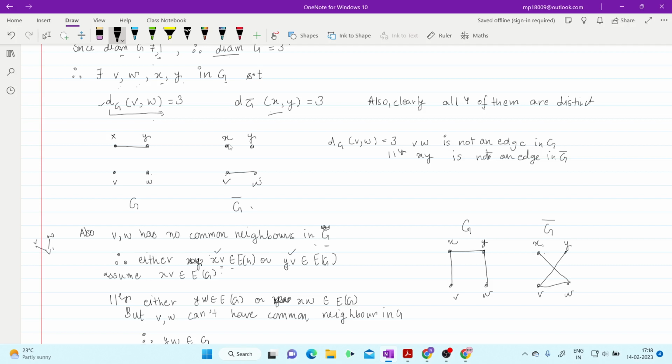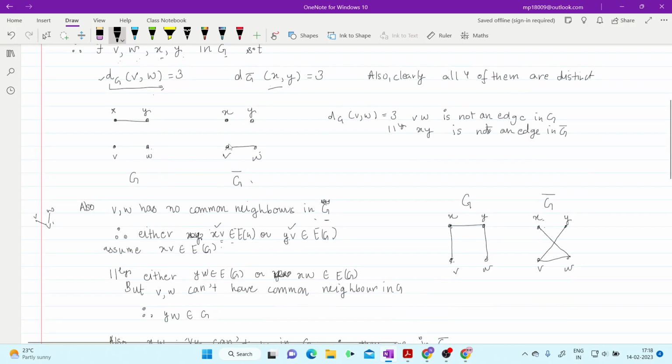Therefore, we see that one of these edges should be there in G. So suppose XV is that edge in G. Similarly we can do this for W also. So we know that either XW or YW will be in G. But further, since XV is in G, YV cannot be in G, because then X and Y will have common neighbors.